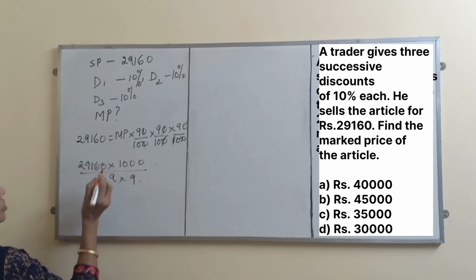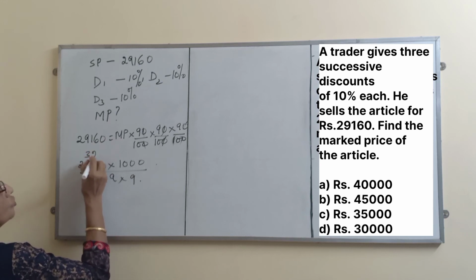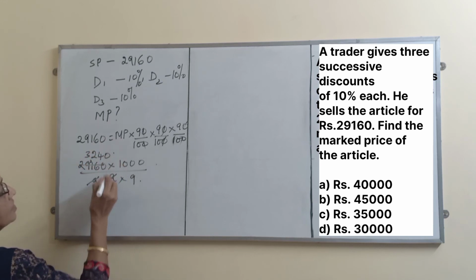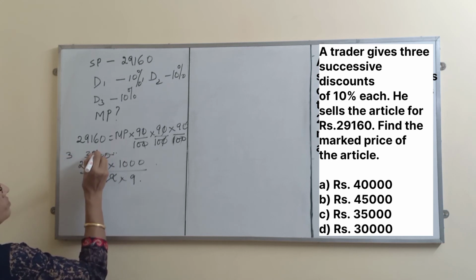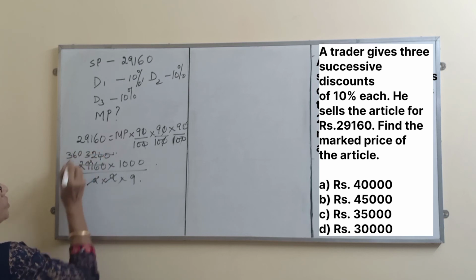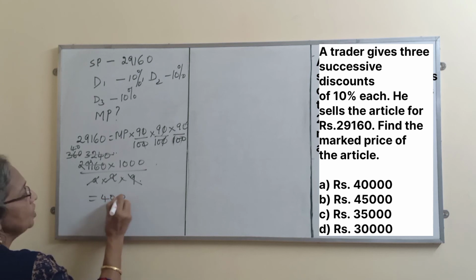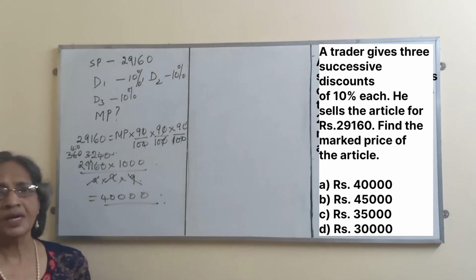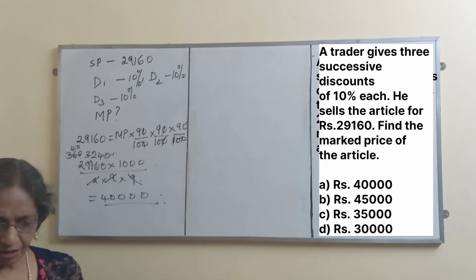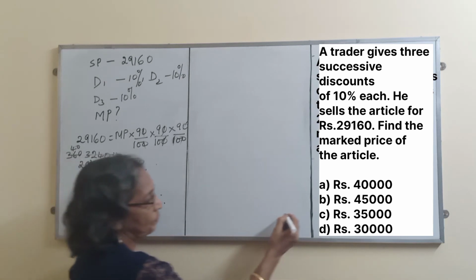So this is going to go 9 3s are 27, 9 2s are 18, 9 4s are 36, 9 3s are 27, 9 6s are 54, 9 1s are 9. So the answer comes out to be 40,000. Okay, you have your answer in the option. You can take that and mark your answer as A.